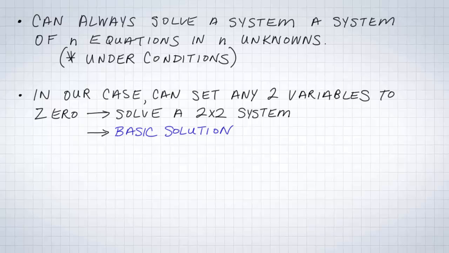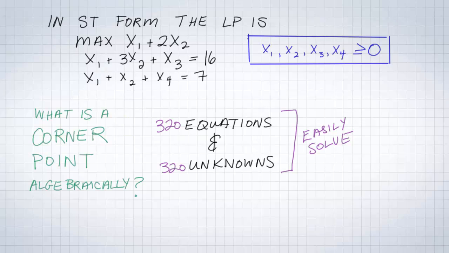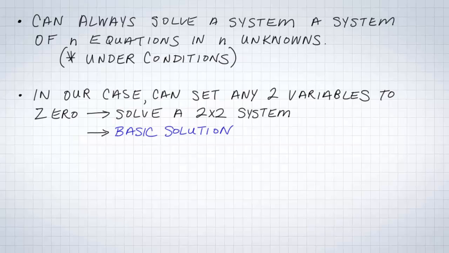A basic solution is a solution where, if you have more variables than constraints, like in our case, 4 variables, 4 unknowns and 2 constraints, you set 2 of the 4 unknowns to 0, and then solve it 2 by 2. And if we do that, we get a basic solution.